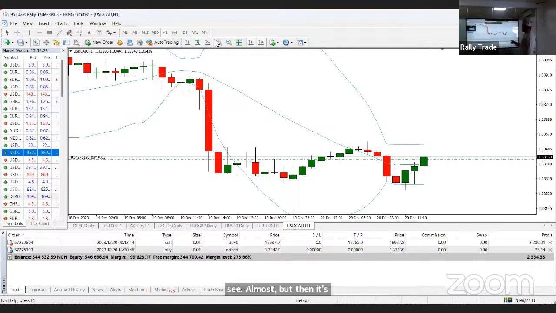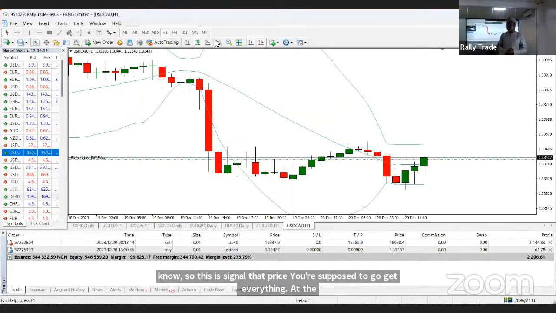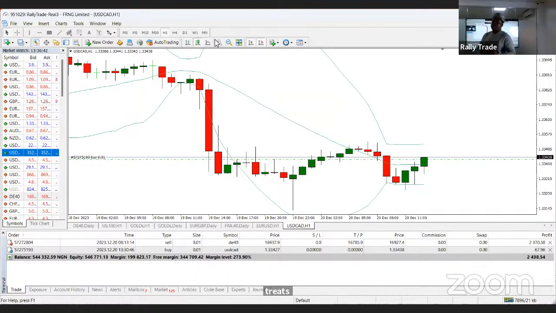So there is a bullish, almost this one. This partial engulfing, but it's good enough. It's a signal that price wants to truly go up, because of course you don't get everything perfect in life. So I think this is a good one. Enter a buy on USD CAD. Free trade. Any money you make, you share it.